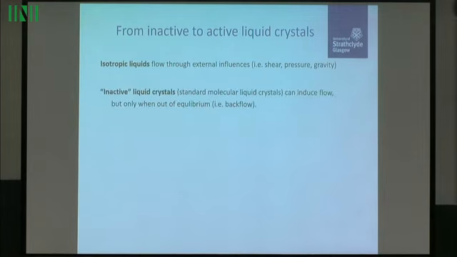Normal liquid crystals, what I would call inactive liquid crystals, are almost the same, but because of the asymmetric stress tensor, they have the ability for internal molecular order to drive flows. It only does this transiently. As it goes to equilibrium, flow will dissipate and disappear, but it has the ability to cause what's called backflow. A molecular rearrangement will induce a flow.